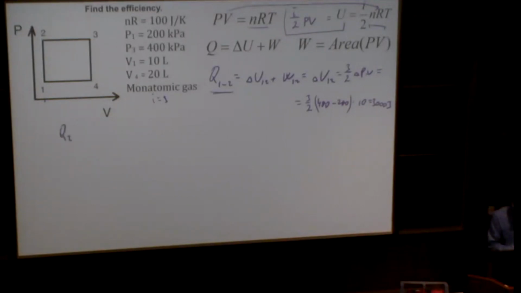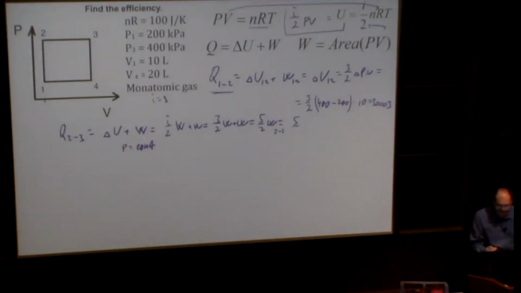Next process. Again, we do it just to review the whole topic we've studied for 2 weeks. This one problem includes almost everything. So, delta U plus W. This is a special process happening at constant pressure, which is good because for this process we know the relationship between delta U and work: I over 2 W plus W. So 3 over 2 W plus W, 5 over 2 W, and this W was found before: 5 over 2 times 4,000, which is 10,000 joules.